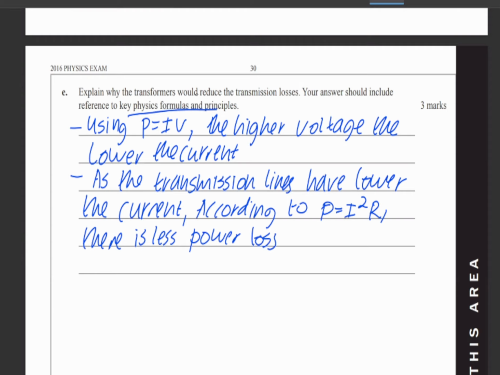So as there's less power loss, would reduce the... I think that's all you would need to write.